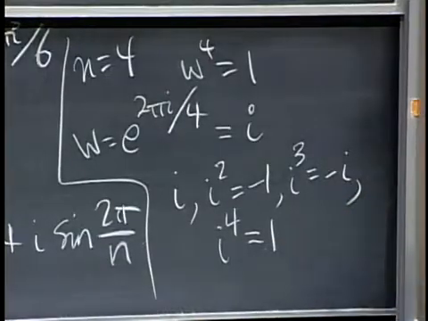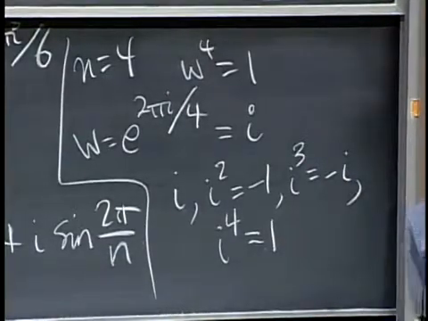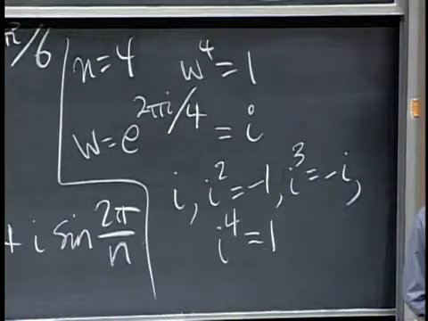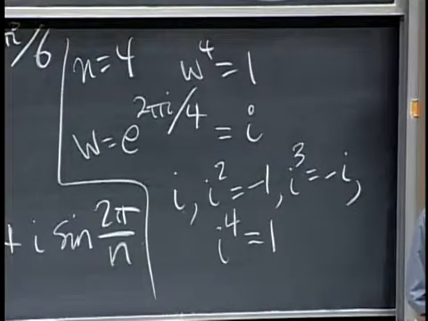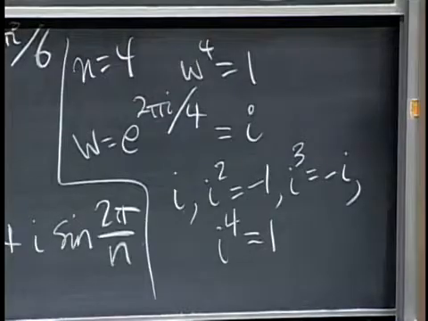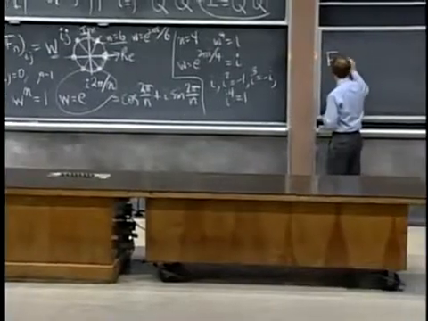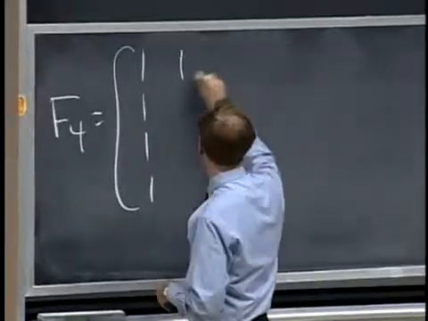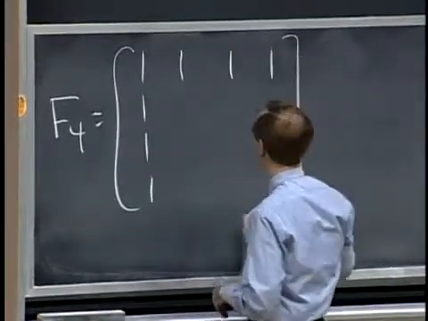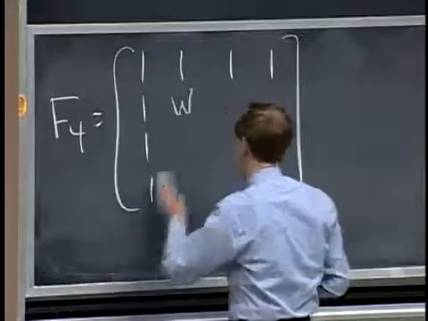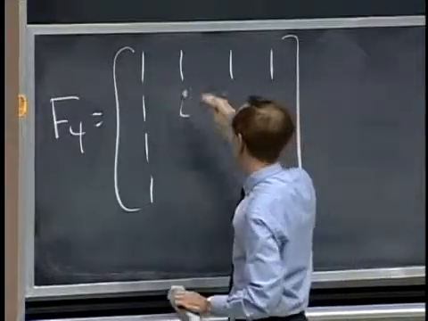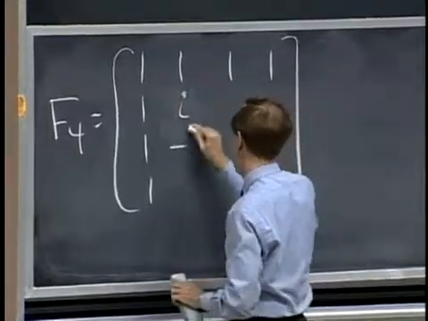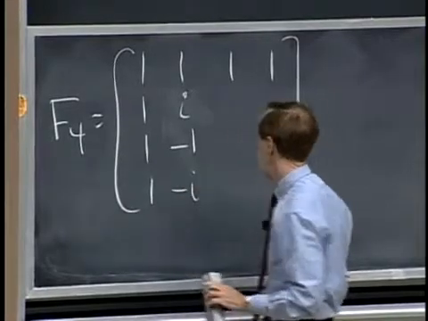I'm really ready to write down this Fourier matrix for the 4 by 4 case, just so we see that clearly. Let me do it here. F4 is, all right, 1, 1, 1, 1, 1, 1, 1. W, that's i. Squared, that's minus 1. I cubed is minus i.